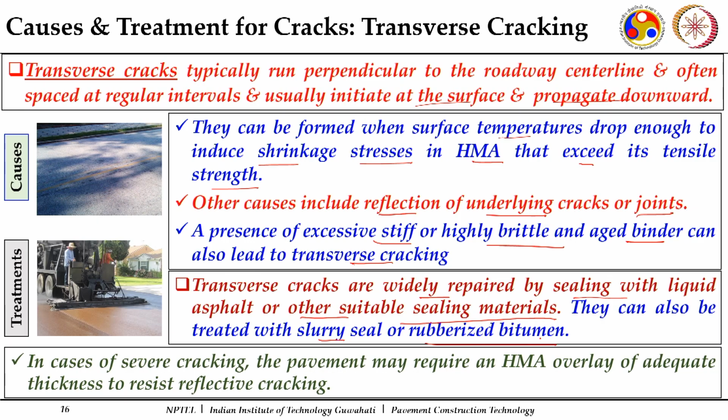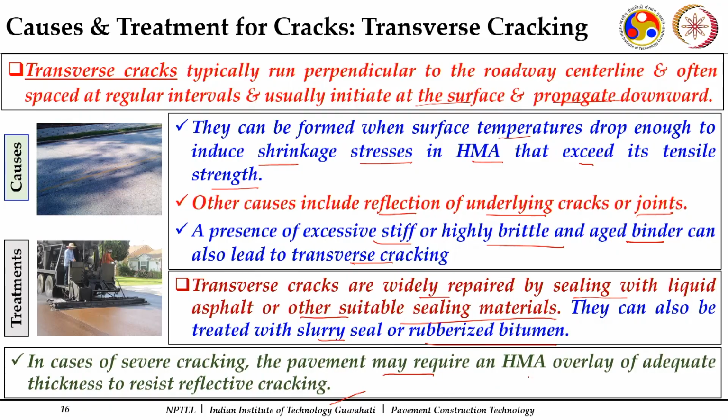Depending upon the width, we can go for an application of a slurry seal also. And this is definitely the last option: if these distresses grow more than a certain limit, which reduces the serviceability of the road and its ability to serve the traffic, then we have to go for an overlay for these kinds of distresses.